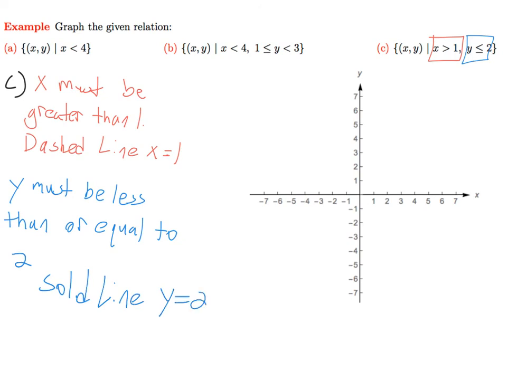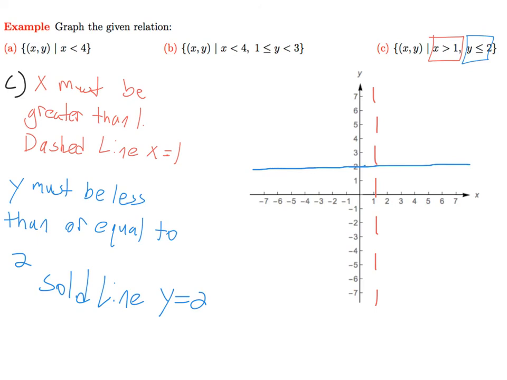So starting with the first restriction on x in red, we put a dashed line through x equals 1. That vertical line there. And for the second condition, we put a solid line through y equals 2. That would be right here.